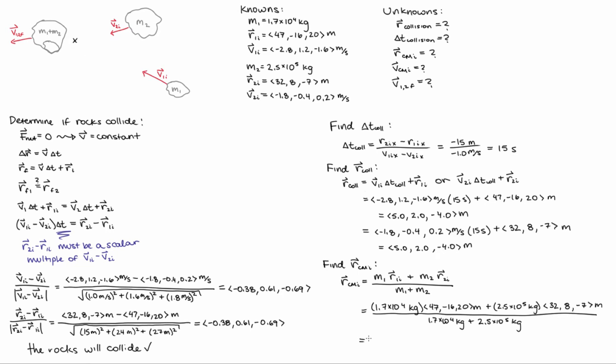This gives us 8.80, 1.73, negative 1.41, all times 10 to the 6th kilograms times meters, all over 2.67 times 10 to the 5th kilograms. Thus, the initial position of the center of mass is 33, 6.5, negative 5.3 meters.